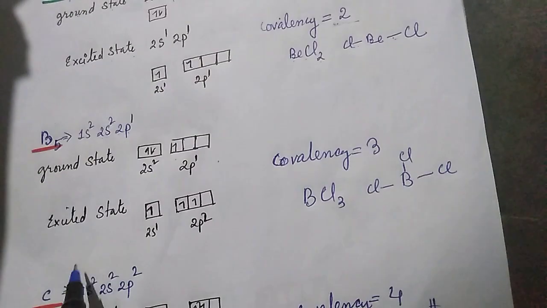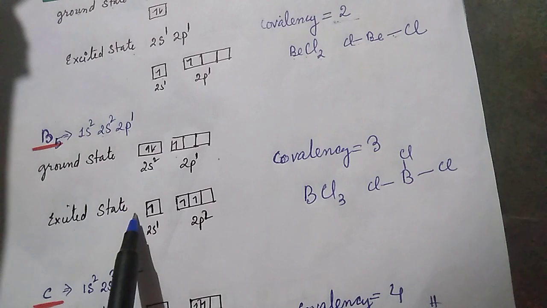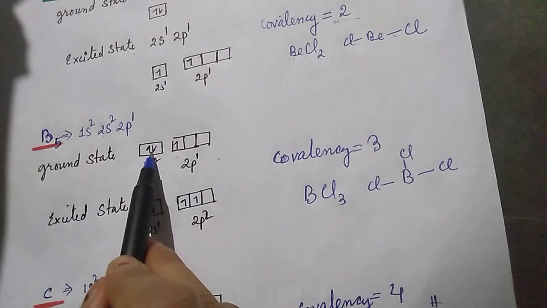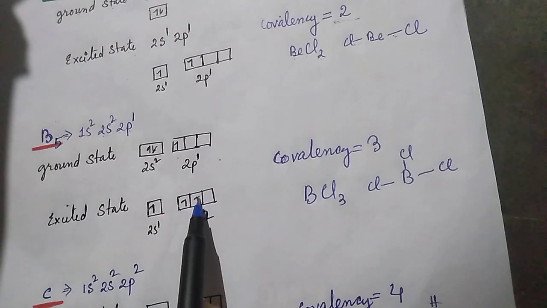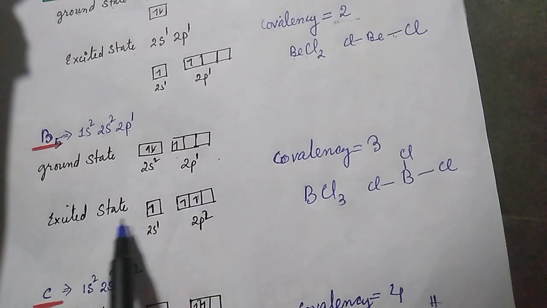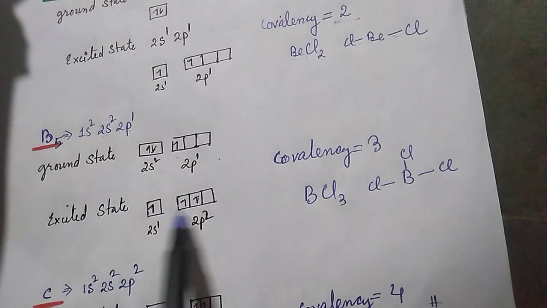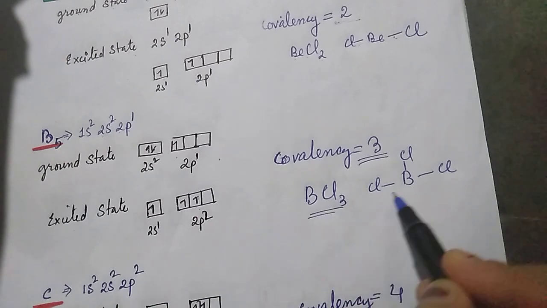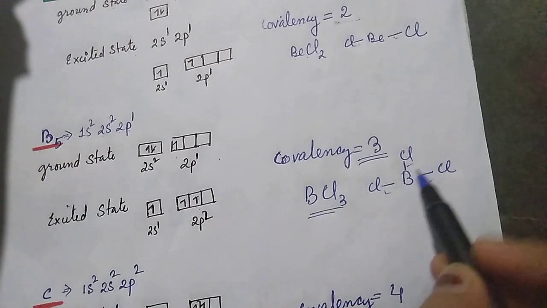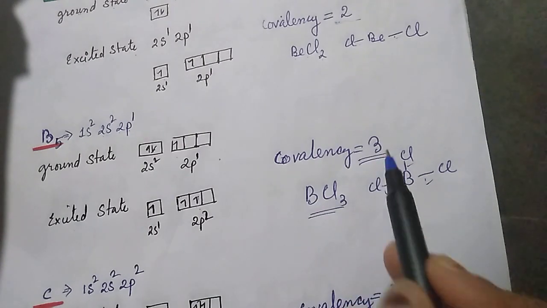Now in the excited state, obtained by gaining energy, an electron is excited to the higher orbital. Now we have 3 unpaired electrons in the excited state, so the covalency will be 3. Example BCl3. How many bonds are there? 3 bonds, so the covalency is 3.